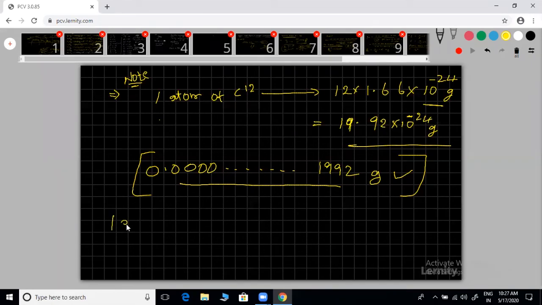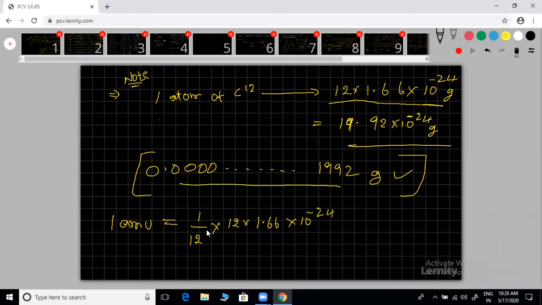According to our definition, one AMU is equal to, can you read the definition? 1/12th part of one atom of carbon weight. Is it correct? The definition I gave, so the definition only we are applying. Every point you have to understand. What is the one atom of carbon weight? 12 into 1.66 into 10 power minus 24.